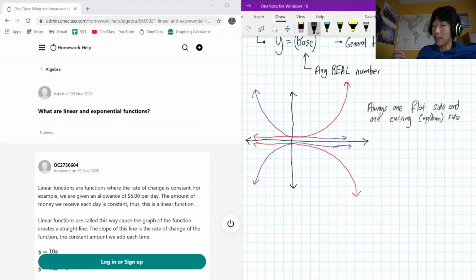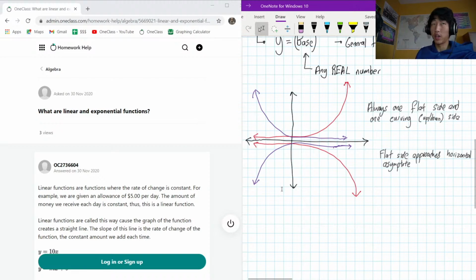Okay, now the flat side will approach a horizontal asymptote. Flat side approaches horizontal asymptote.